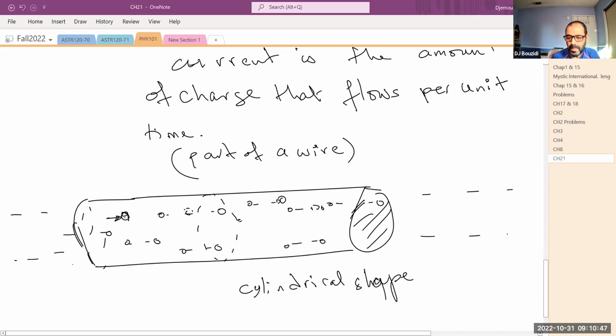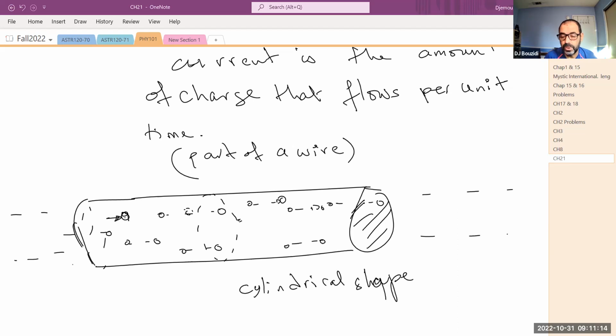In this case, there is a flow of charges, similar to a hose, for example, sealed from both ends. You turn on the water from the other side, but it's sealed. There is water inside of it, but because it's closed from both ends, there is no flow of current in this case.